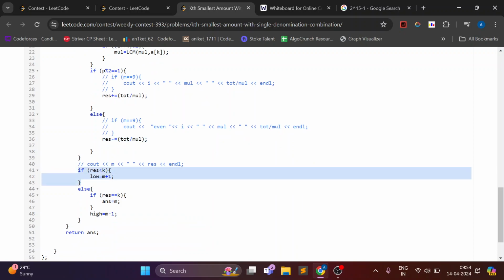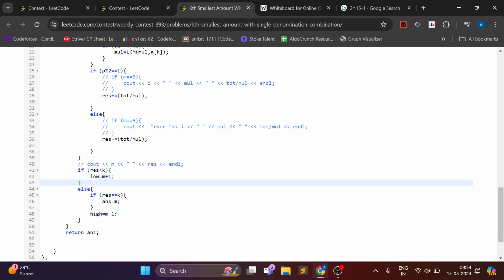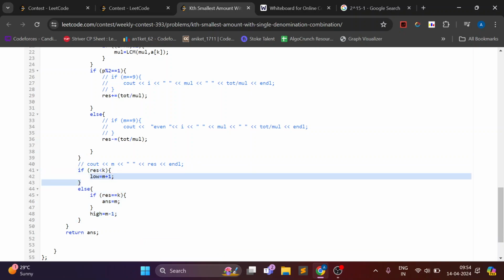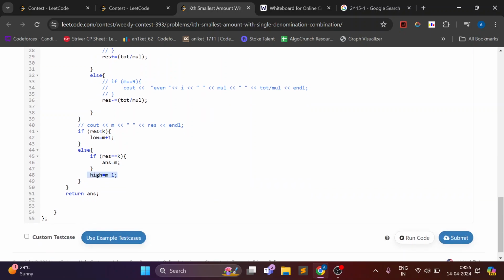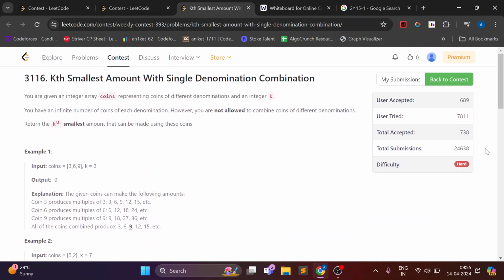After this for loop, I'm just writing the basic conditions for binary search. If res is less than k, I will set low equal to m plus 1, and if res is greater than or equal to k, as I have to find the minimum, I will store the current local minimum and go towards the left side, and finally return the answer.